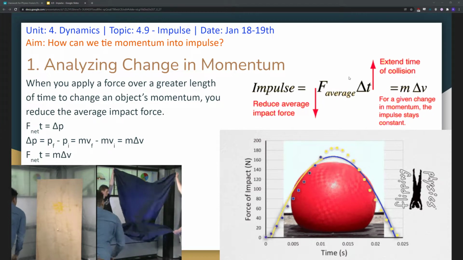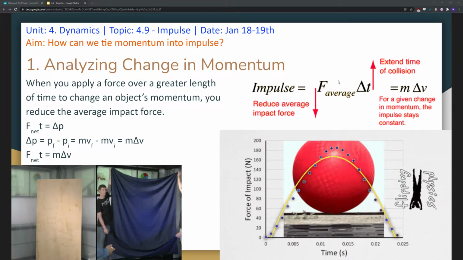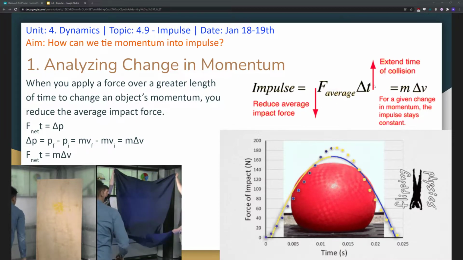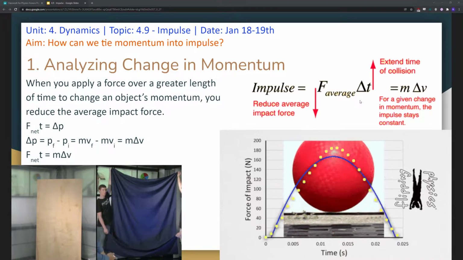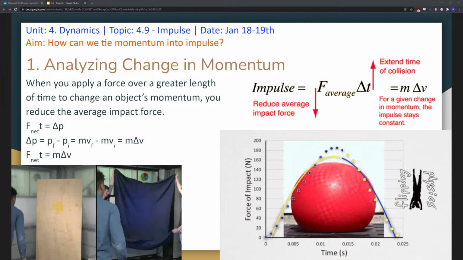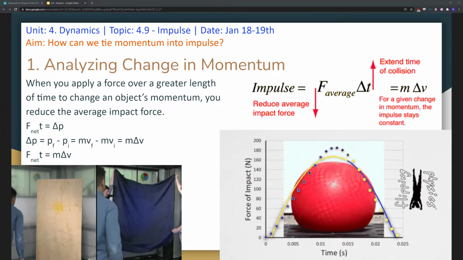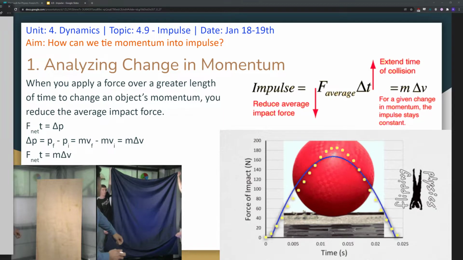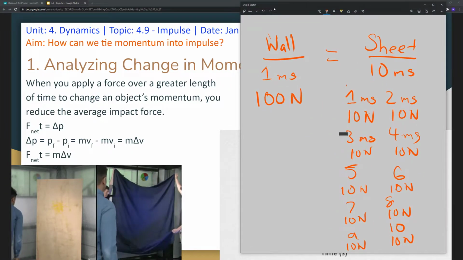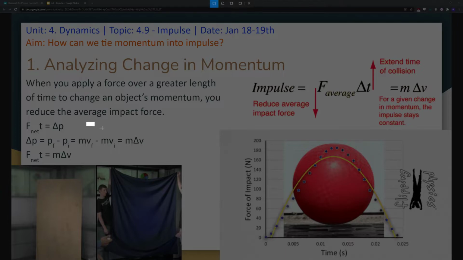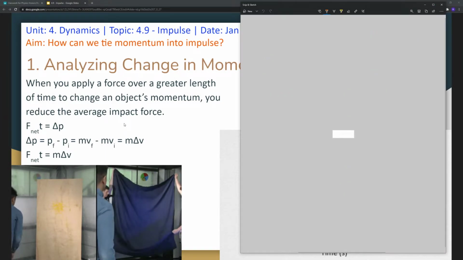And so let's take a look at the top right hand image. If you extend the time of collision, you reduce the amount of impact force, you reduce the average impact force, right? So let's explain the formulas on the left.